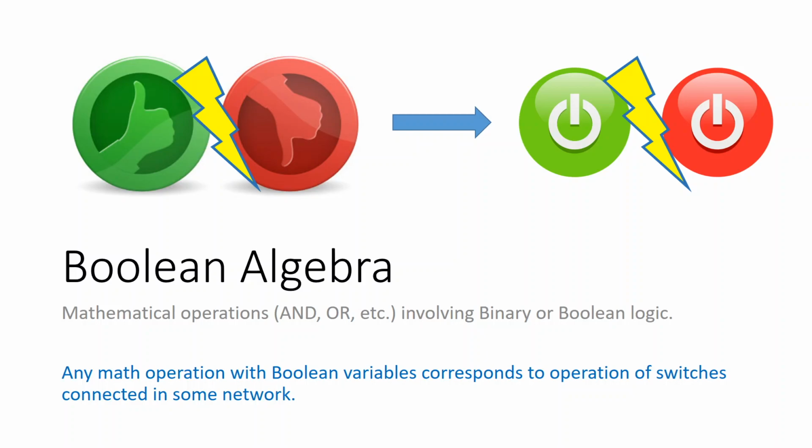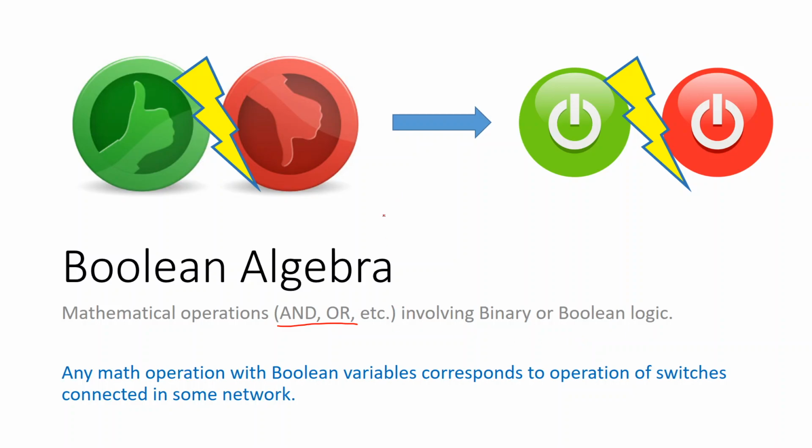Because we know that in the Boolean algebraic system the operators are AND, OR, and for each of these we know the exact connection of the switches that we need to make.